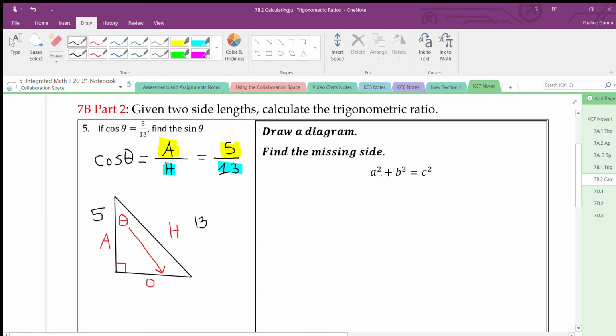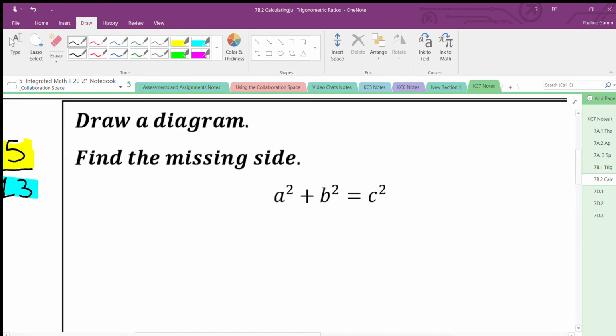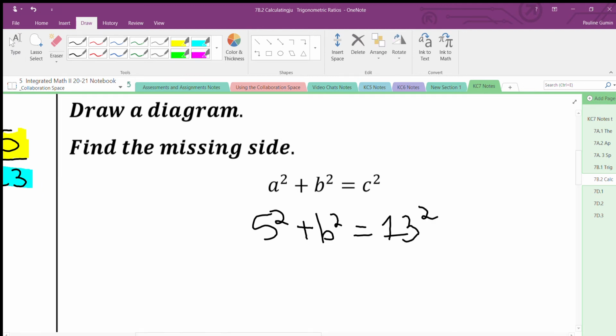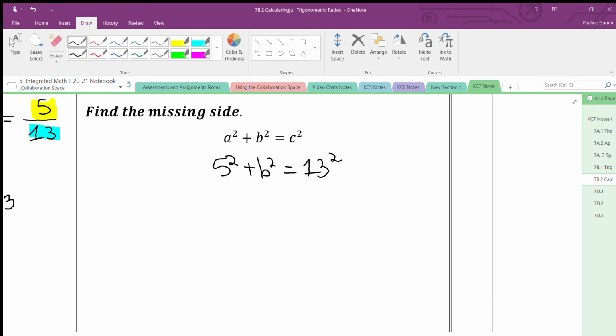We can find the missing side using the Pythagorean theorem, since this is a right triangle. Let's call this side b. So we have 5 squared plus b squared equals 13 squared. That's 25 plus b squared equals 169.